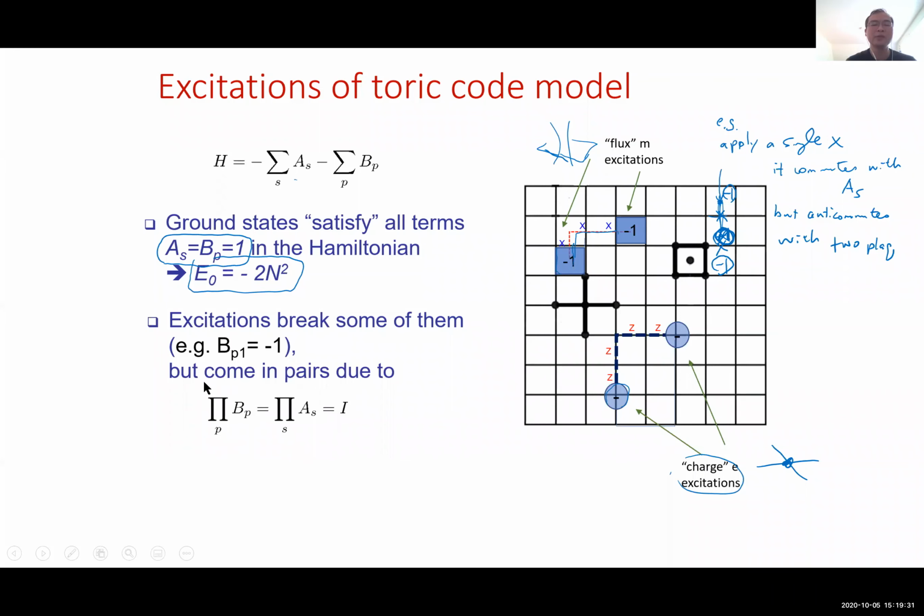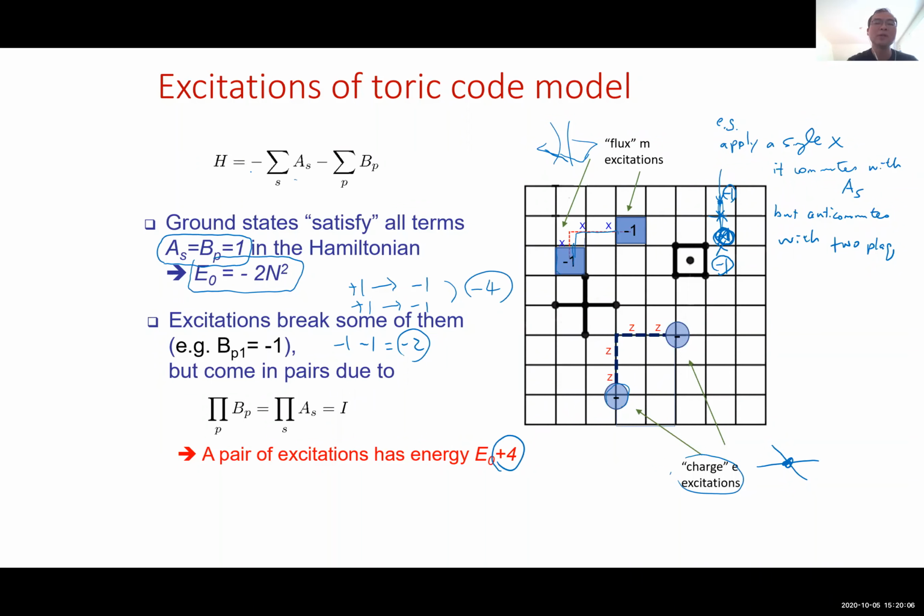However, they come in pairs because of the constraint that they multiply to 1. If this is -1, you need to have another -1 to cancel that out. So they always come in pairs. So each pair, you get a minus sign, another minus sign, so there is an energy difference, because you are taking +1 to -1, +1 to -1. So overall there's -4 and this overall minus sign. So the excitation has energy 4 for a pair excitation.